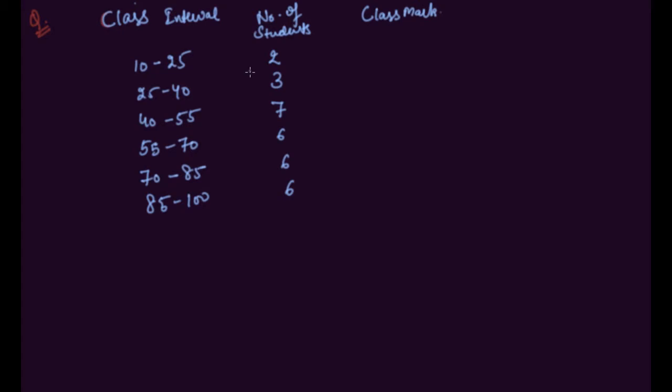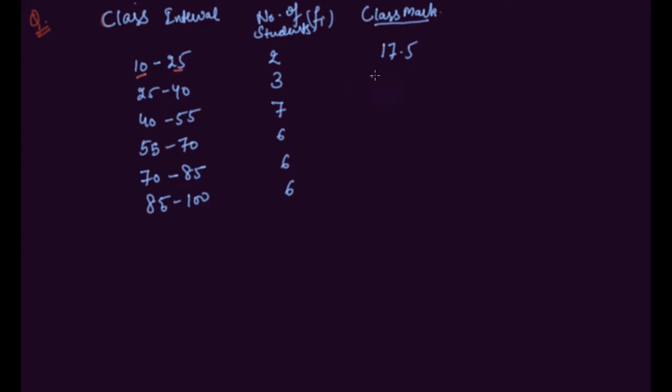The number of students whose marks lie in the range 10 to 25 is 2, meaning it is fi, and this is x. First, as I told you, we have to find the class marks. How I will get the class marks is upper limit plus lower limit by 2, which I am getting here as upper limit 25 plus 10, 35 by 2 is 17.5.